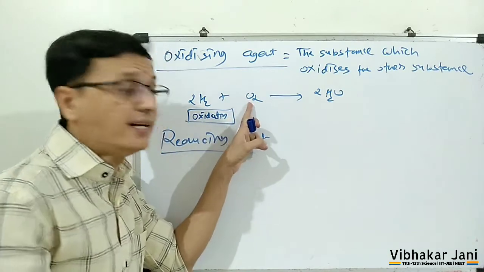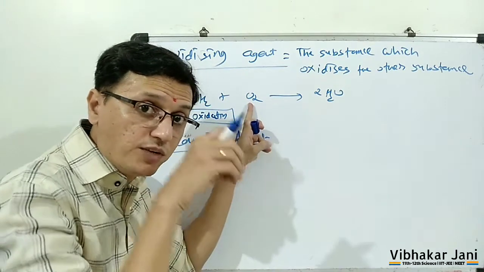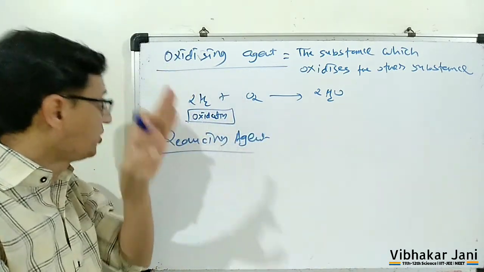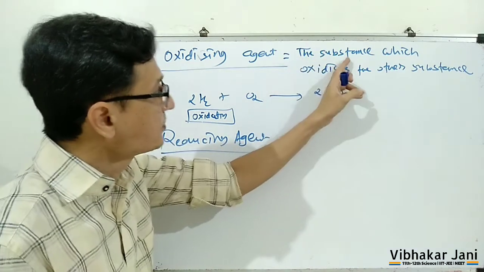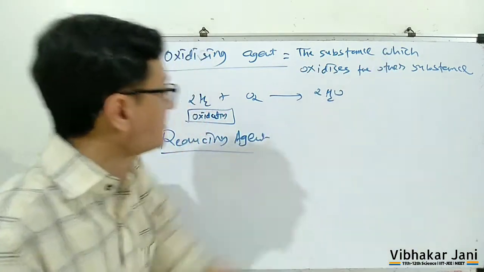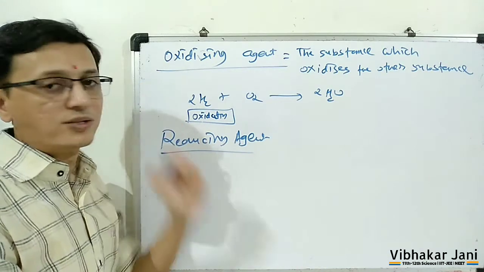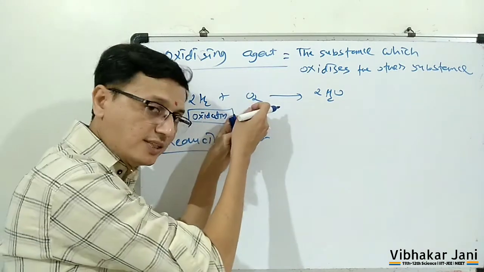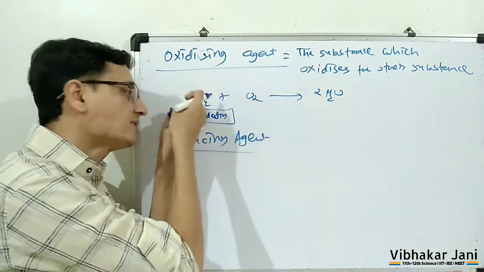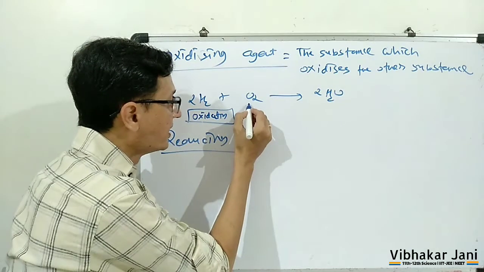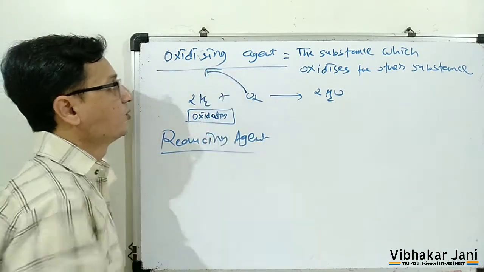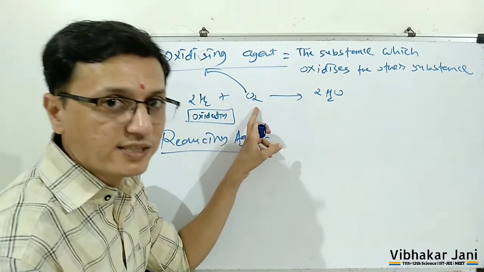So oxygen is the substance which oxidizes the hydrogen. So the substance which oxidizes the other substance is said to be an oxidizing agent. So here oxygen oxidizes hydrogen, therefore this oxygen is said to be the oxidizing agent.